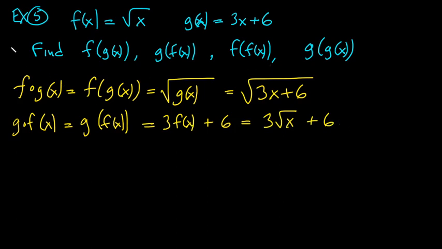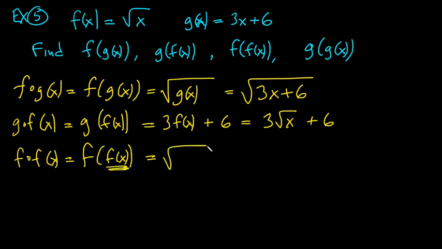Okay. So you can also, of course, compose a function with itself. You can take f composed with f. So what's f of f of x? Well, remember, f takes the square root, so in this case it takes the square root of f of x. But f of x is already the square root, so it just takes the square root of the square root, which hopefully you remember is actually the fourth root of x.